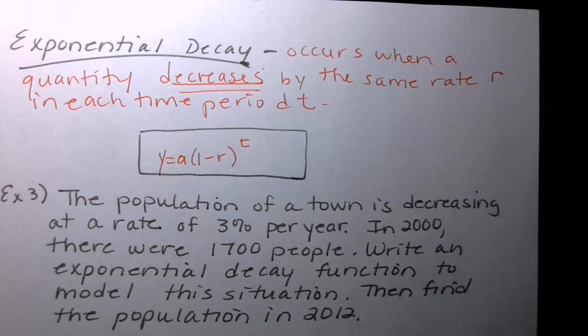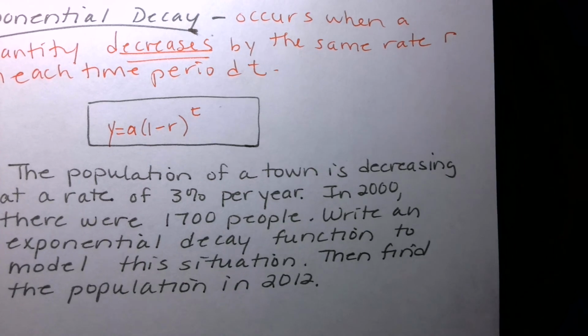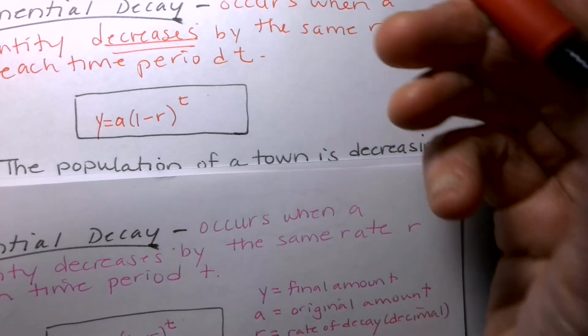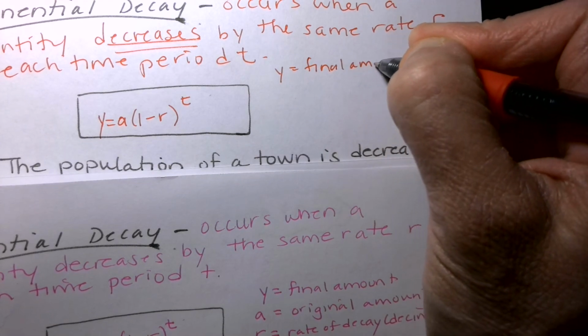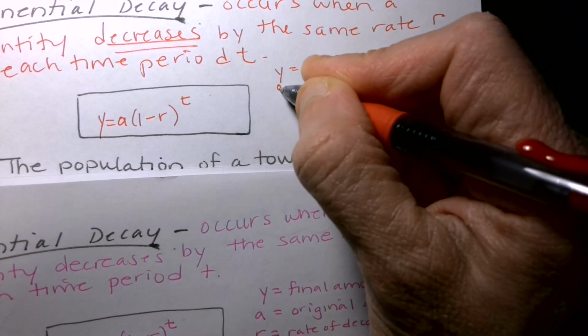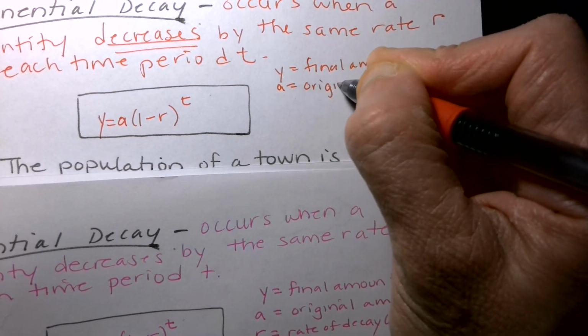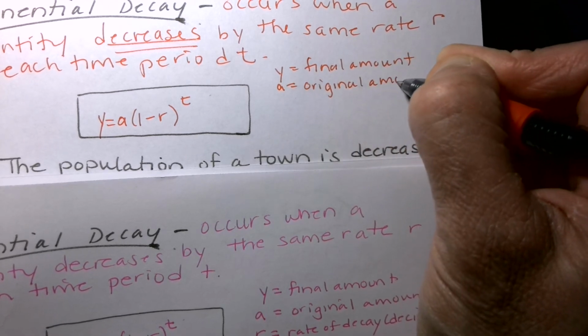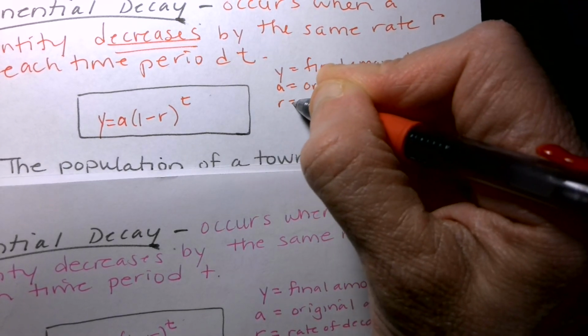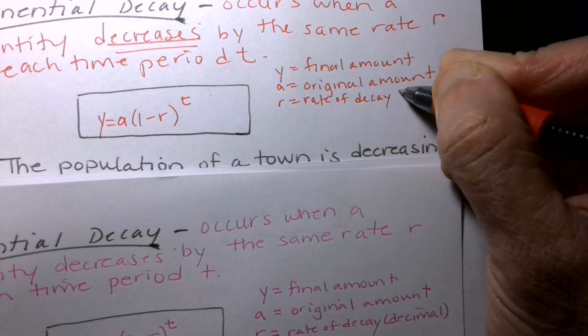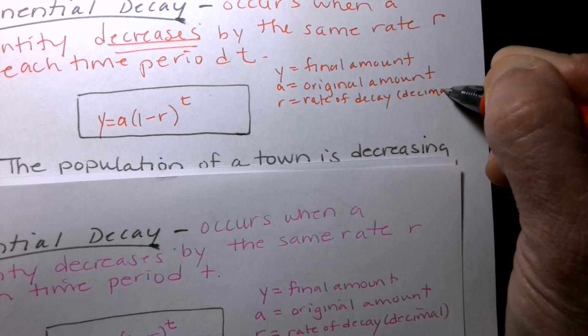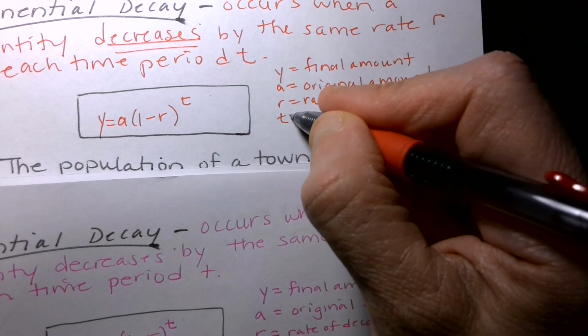All right. Let's put what they stand for so you have good notes all set up for you. Y is the final amount. A is the original amount. R is the rate of decay, again as a decimal. And T is our time.